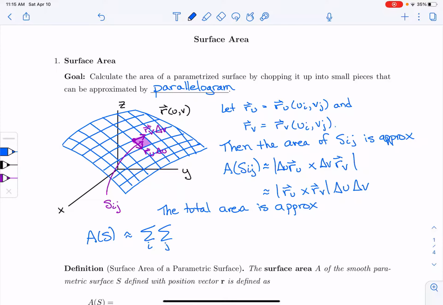We're going to sum over all the little pieces. So that's the sum over i, sum over j of r sub u cross r sub v, delta u delta v. And we're thinking about r sub u and r sub v as being indexed by i and j, as I've shown above.